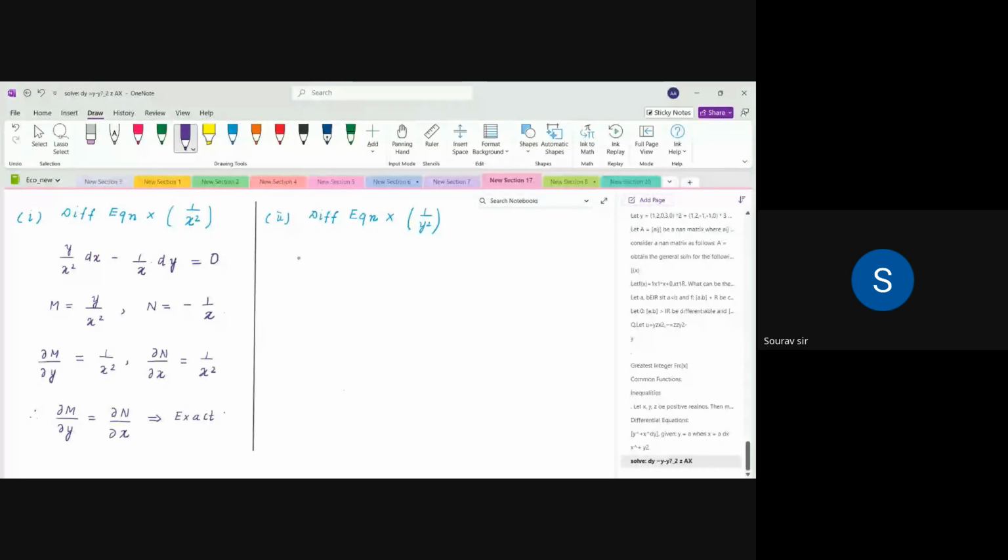Yes, anyone? What's the differential equation looking like if I do this? 1 by y dx minus x by y square dy.